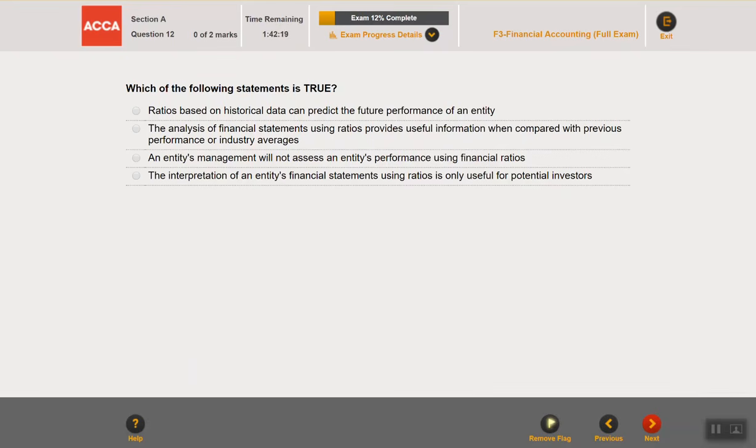No. The interpretation of an entity's financial statements using ratio is only useful for a potential investor, not necessarily. So option A is wrong because this is one of the disadvantages of historical data, that it cannot predict future with accuracy. So the best answer here is B. When we compare ratios with previous years or industry average, it will give us a better understanding of our performance.